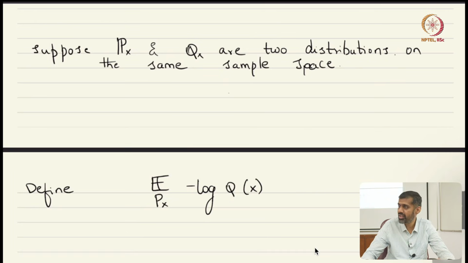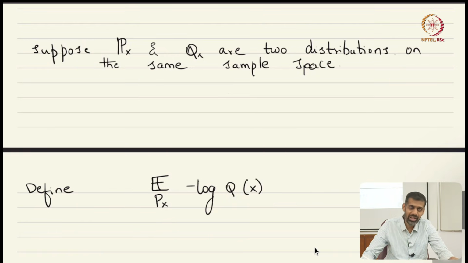Suppose Px and Qx were the same, then what happens? This will become the entropy of Px. Now if Px and Qx are not the same, they are two distributions, then this quantity is telling you the average information that one distribution contains about the other. See, suppose I take my Qx to be a Gaussian distribution with mean 3, and my Px is a Gaussian distribution with mean 0.